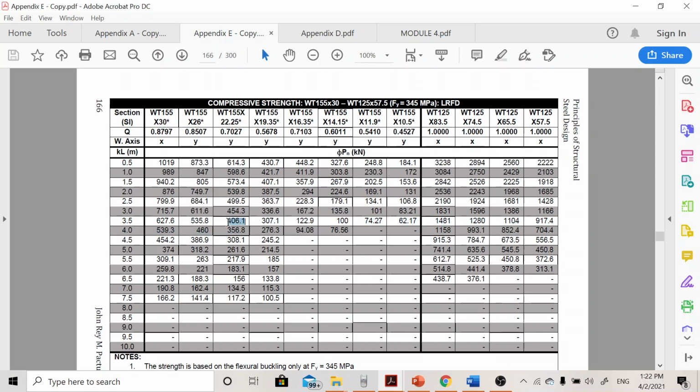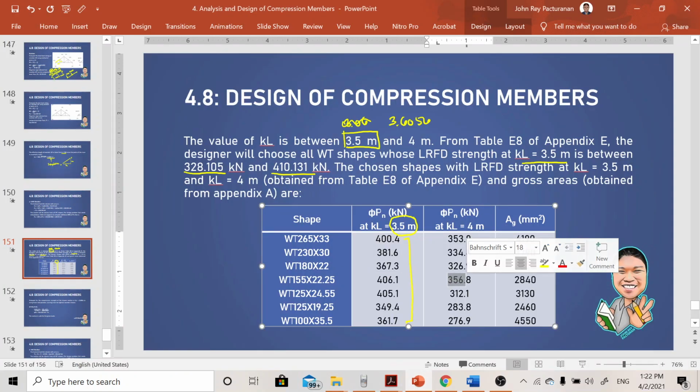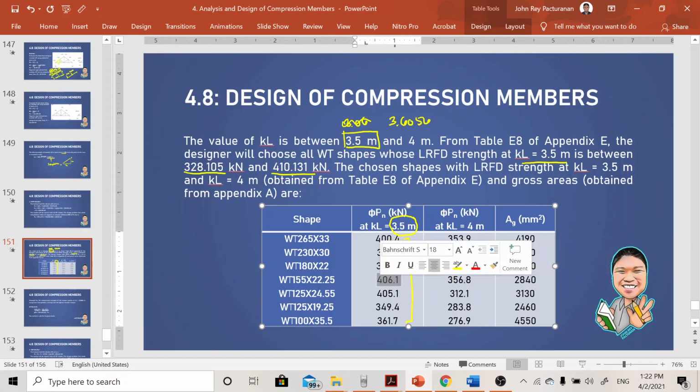Itong 406.1. So, that is WT 155 by 22.5. Ilista mo yung 406.1 saka itong 356.8. So, ayan na. Actually, naka-apat na tayo. So, sinusulat lang natin yung mga areas natin, di ba? So, dire-diretso lang. Ganun lang.